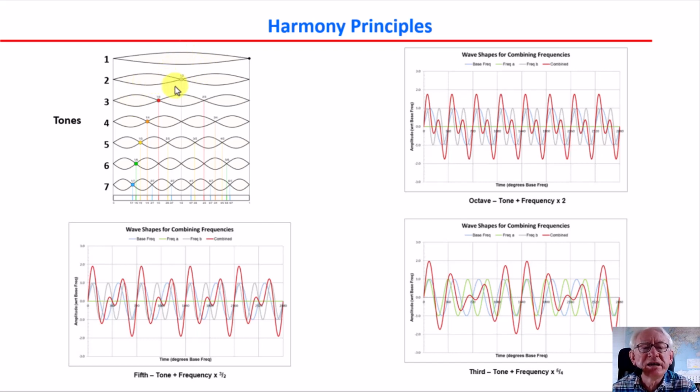For example, the second harmonic is double the frequency of the fundamental, the third harmonic is triple the frequency, the fourth harmonic is 4 times the frequency, the fifth, sixth, and seventh, and so on up the scale. The important point is that the harmonics are whole number multiples of the fundamental frequency of a particular system.